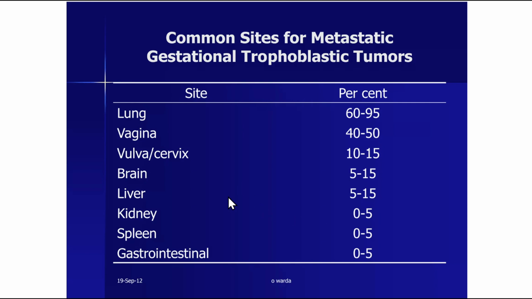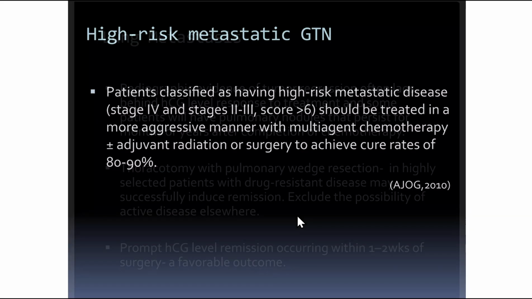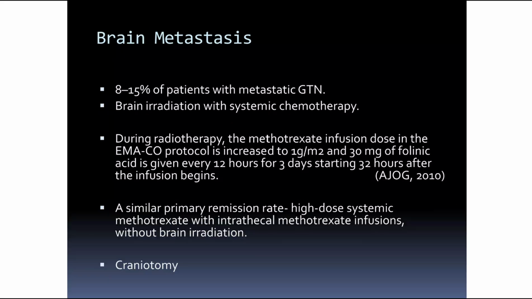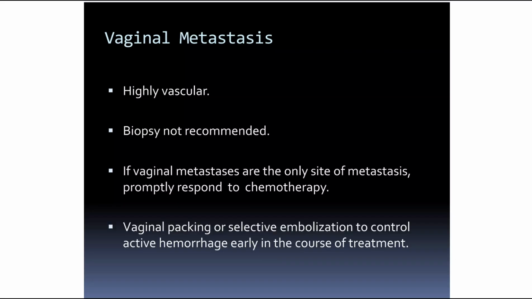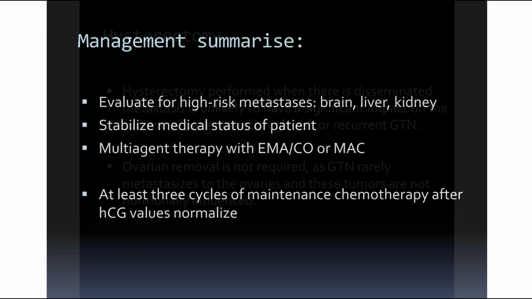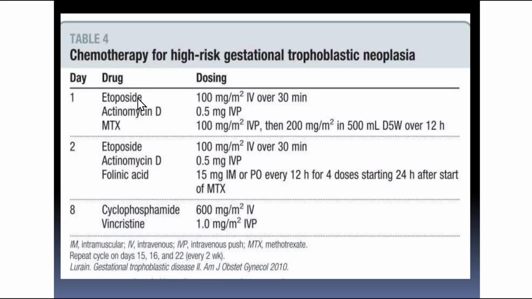GIT is 2, GUT is 2, and the brain is 4. So lung mets are not high risk per se in GTN, and vaginal mets are not concerning either.